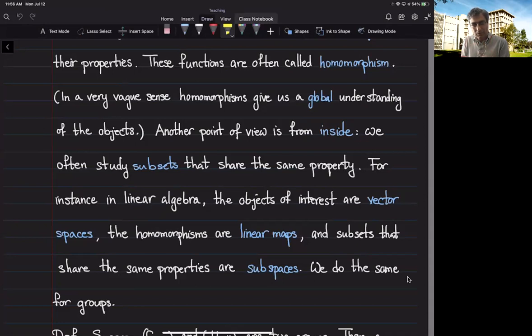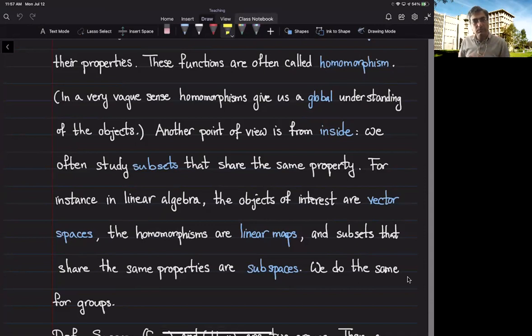And when you work from inside and you try to understand each piece of this object, and sometimes you try to glue these pieces together, that's more like understanding the substructures of your object. In the case of groups, we call them subgroups. In the case of vector spaces, we call them subspaces.